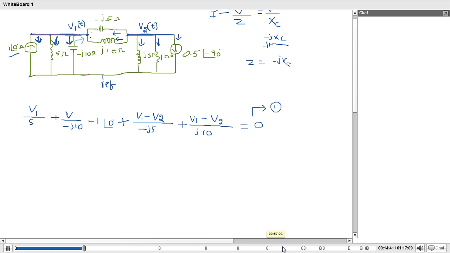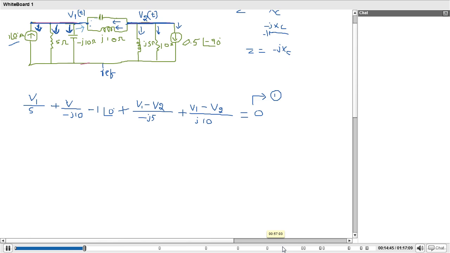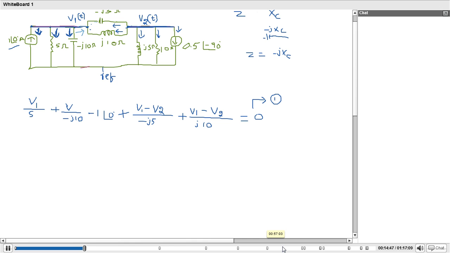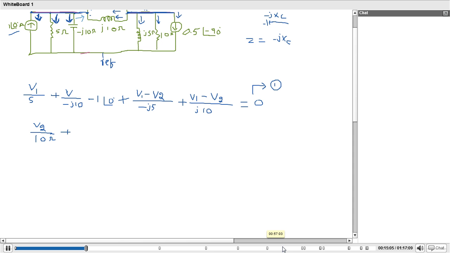Since this is the assumed direction, all the currents you have to assume are leaving at the node. So write the equation. V2 by 10 ohm, first the current flowing through the 10 ohm resistor, plus this current 0.5 at an angle of minus 90, it is anyway given.